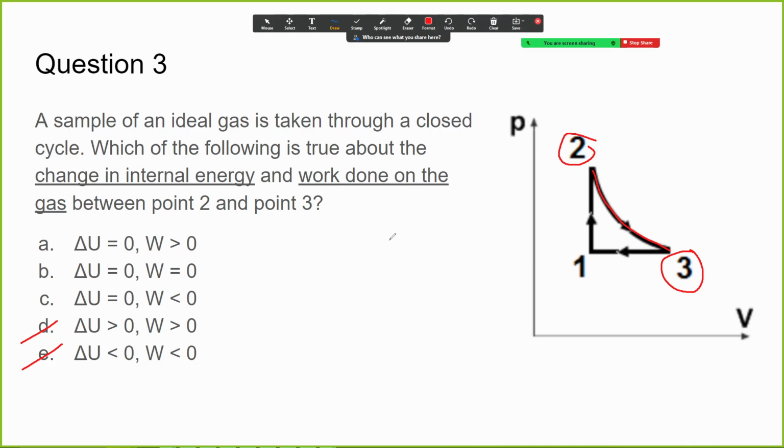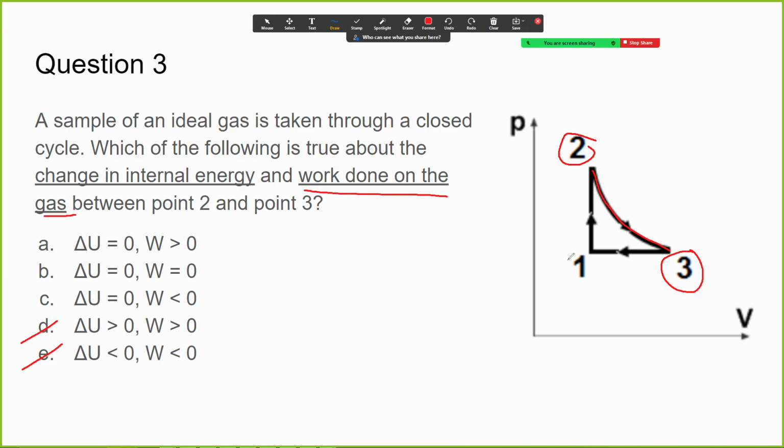And obviously that's a little bit harder because the work here is clearly changing. Or I shouldn't say that it's changing, but there clearly is work done. It's not 0. What is kind of cool here is that we're talking about the work that is done on the gas, and that's once again really important.